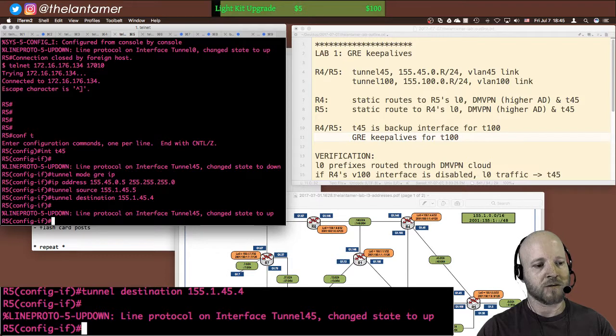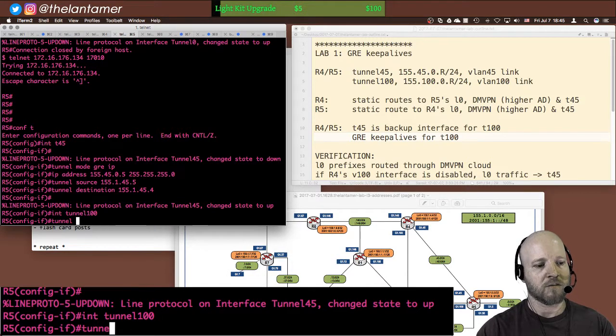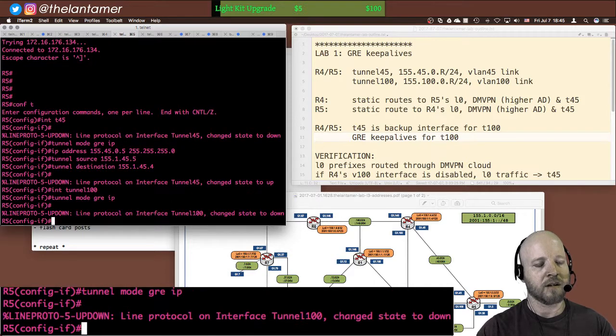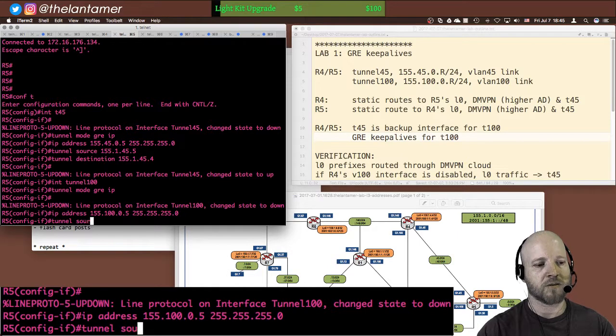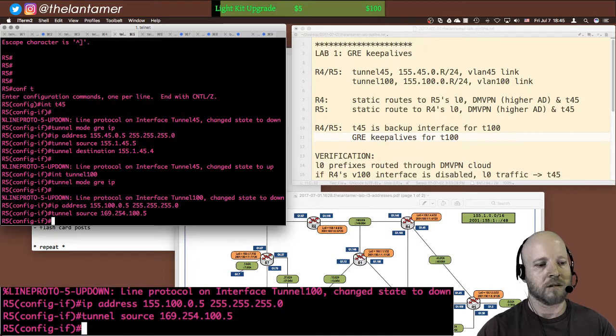All right, so interface tunnel 100, tunnel mode GRE IP, IP address 155.100.0.5, tunnel source, and tunnel destination.